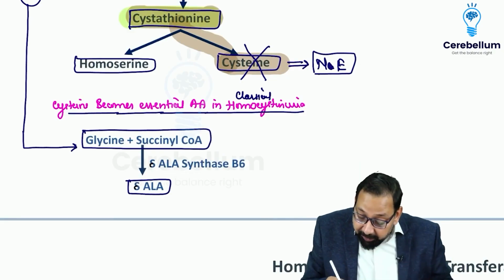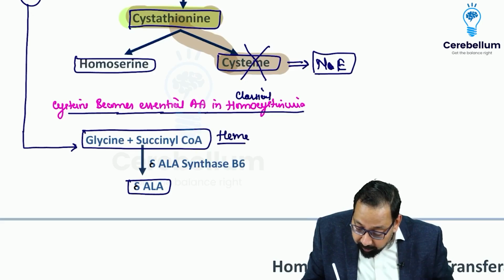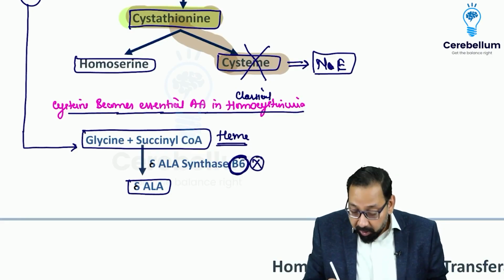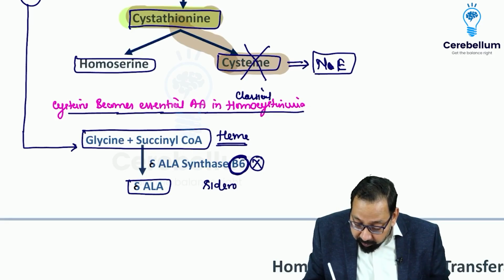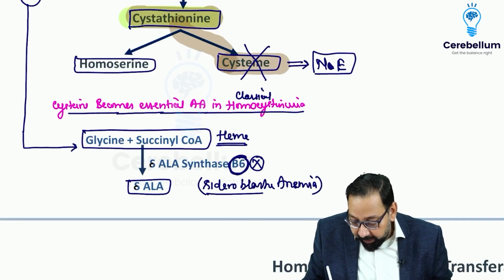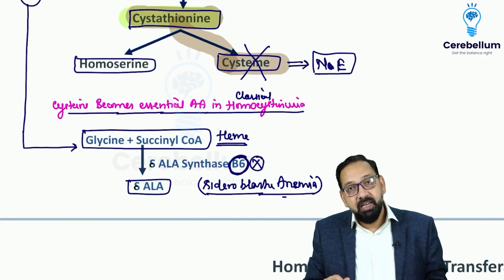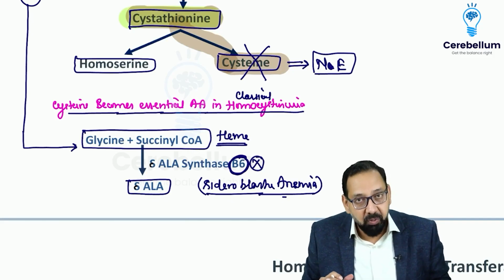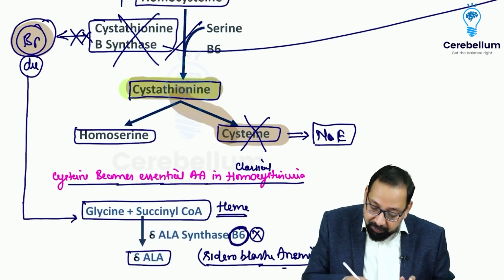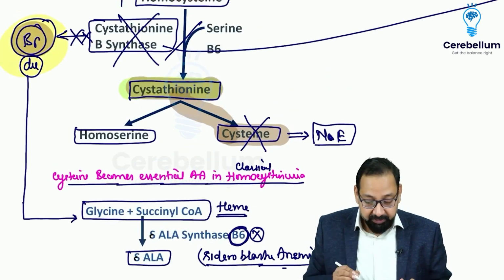The rate limiting step of heme synthesis requires B6 as cofactor. If B6 is deficient, heme synthesis will not occur. This will lead to sideroblastic anemia. So sometimes in a clinical scenario they give sideroblastic anemia as well as homocystinuria, so you will suspect that there may be B6 deficiency.